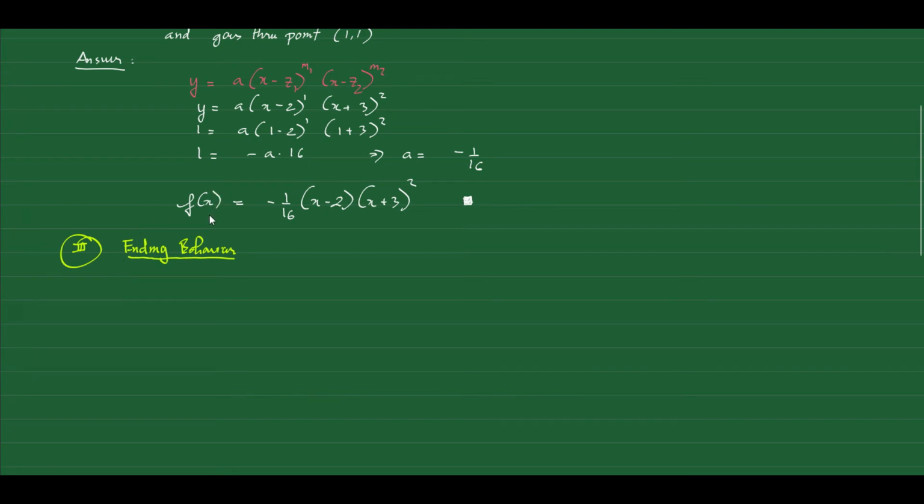It depends on the n value, which is the highest degree in the polynomial, and a sub n, which is the leading coefficient of the polynomial. This is very important. It helps you determine the ending behavior of a polynomial function.